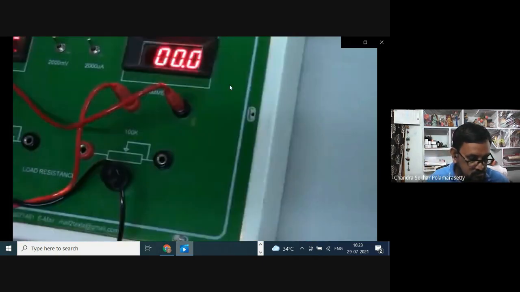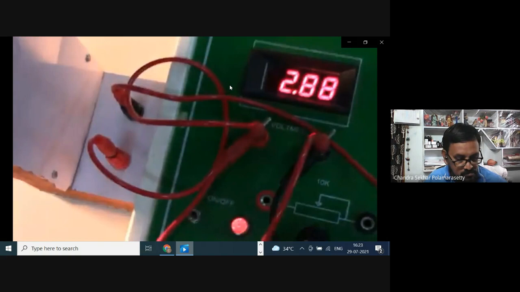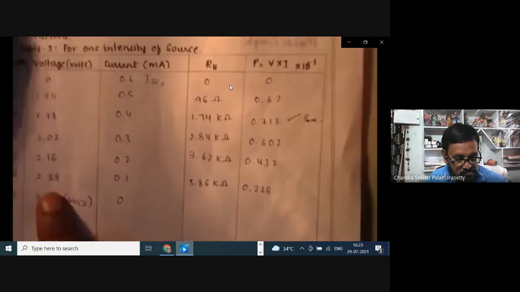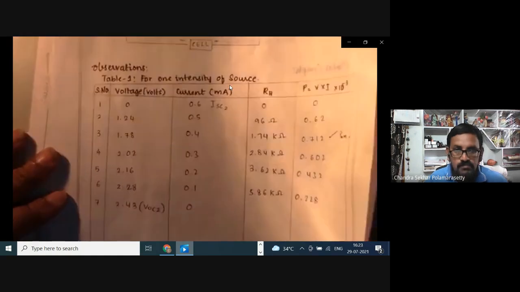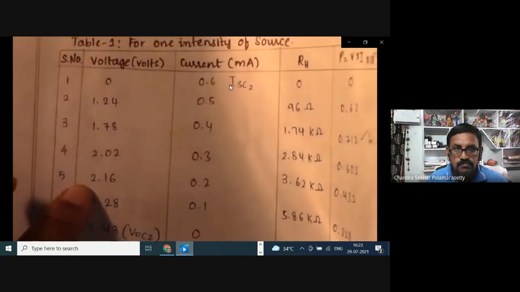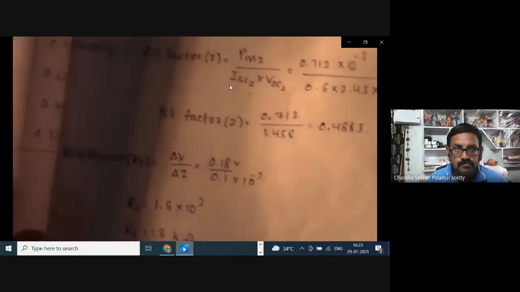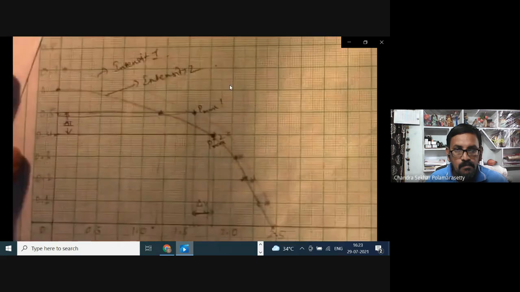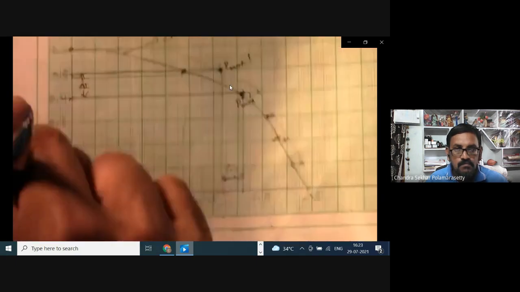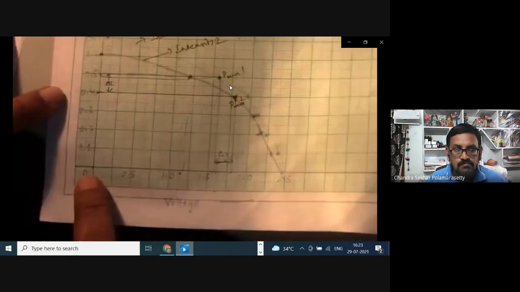So how to get 0.5 volts? Increase the resistance. So I increase the resistance so that the voltage value I got is 0.5. At this particular situation, the current is 6.5 milliamperes. So at 0.5 volts, the current is 6.5 milliamperes.